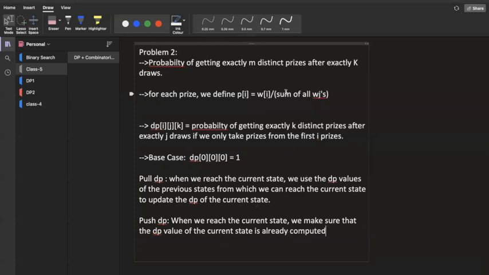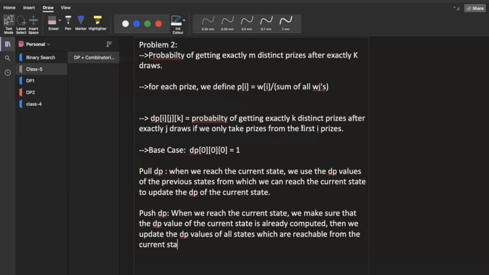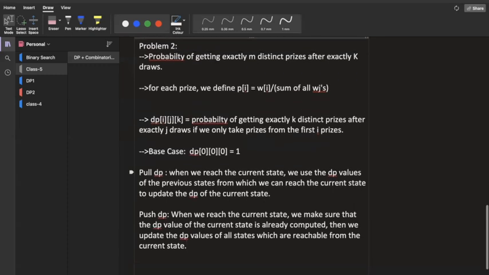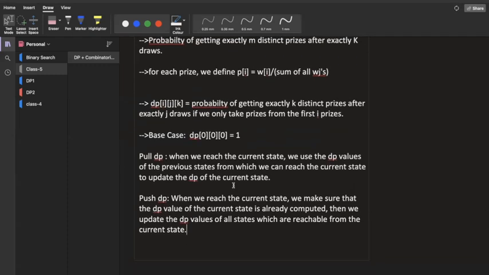And then we update the DP value of all the states which are reachable from the current state, right? This is the definition of push DP, and this is what we are going to do here. Using this current DP value, we will update all the DP values of the states which are reachable from the current state.